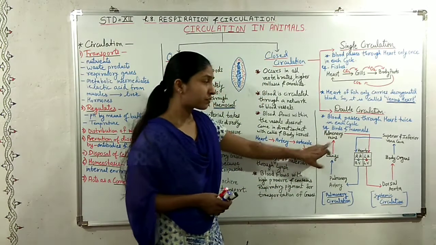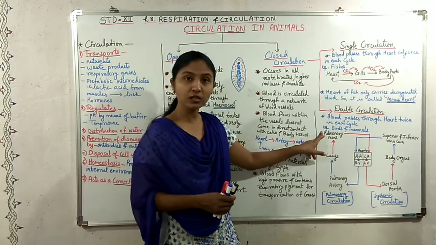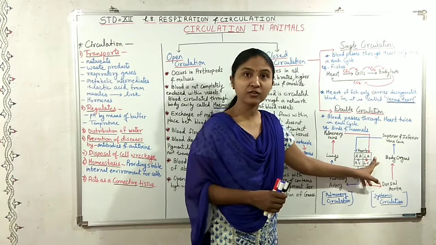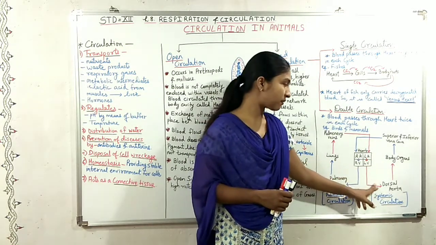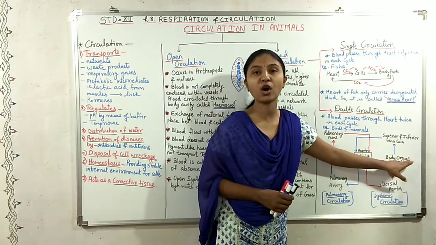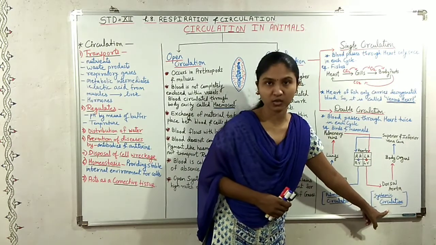So here the oxygenated blood is given out from the lungs through the pulmonary veins to the left atrium, from the left atrium to the left ventricle, from the left ventricle through the dorsal aorta to the body parts or body organs. This circulation is called systemic circulation.